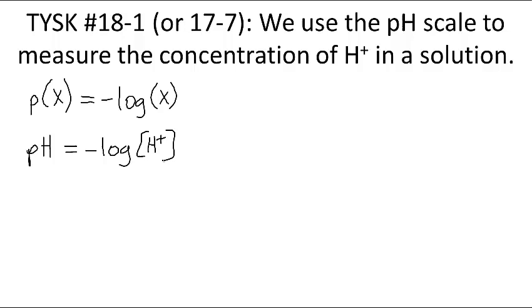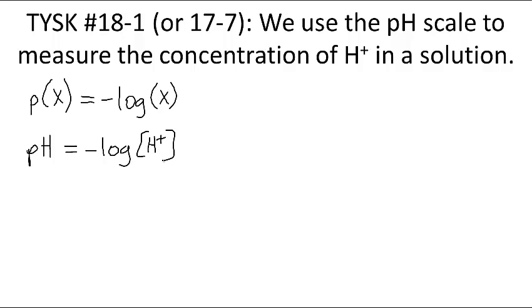Why do you think that we would use the logarithm? Why wouldn't we just always report the concentration of H plus in a solution? Any ideas why we put things on these logarithmic scales instead of just reporting the numbers? The numbers in this case are really small, and most of us don't like numbers that are really small.